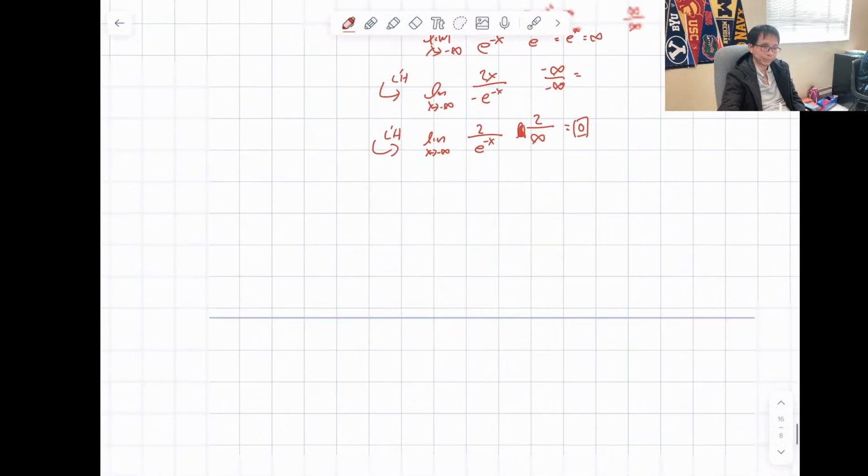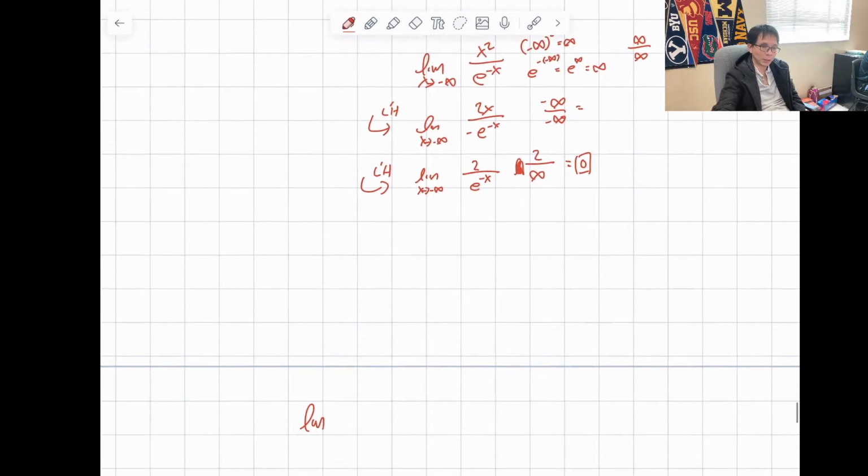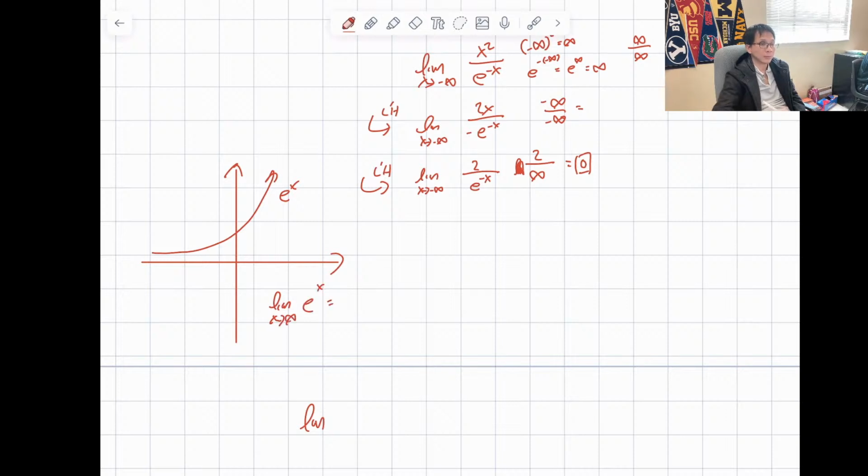So e to the negative infinity is still infinity. I'm going to draw it out for you. The thing is, you have to understand the e to the x graph. This is the e to the x graph. What happens when x approaches infinity of e to the x? e to the infinity diverges. You keep on going up.